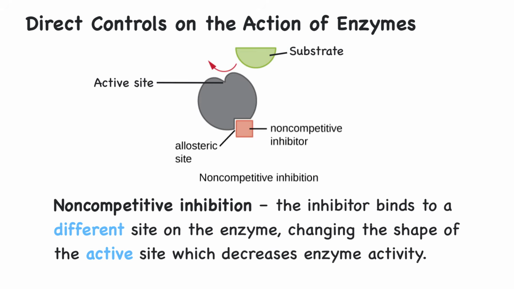In non-competitive inhibition, the inhibitor binds to a different site on the enzyme, changing the shape of the active site, which decreases enzyme activity even when the substrate is present. Together, these mechanisms allow cells to precisely control metabolic pathways and conserve energy.